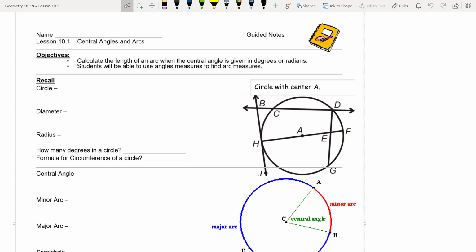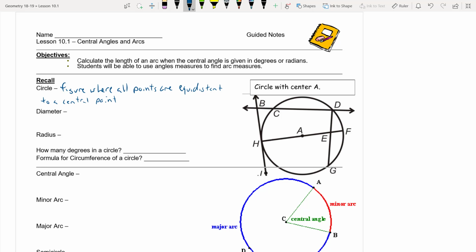So let's dig in. If we do just a quick recall, a circle is a figure where all of the points are equidistant, or of equal distance, from a central point. And then we had two things that we've used over the course of however many years you guys have been doing math.